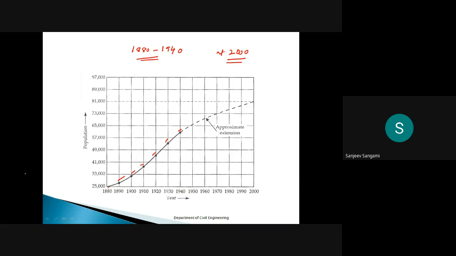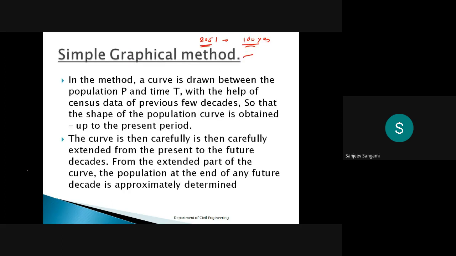For this, I have to use the simple graphical method. So how can it be done? What are the basics? With the census data, we are plotting the graph up to some point.